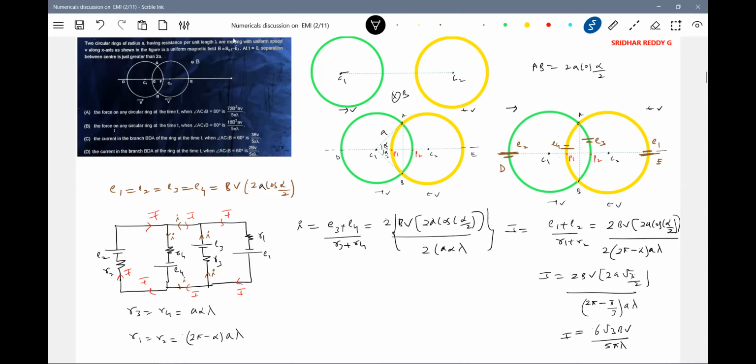No, and the 2 gets eliminated. I think this 2 will not be there in the next step. So here it will be 3 root 3 BV by 5 pi lambda.